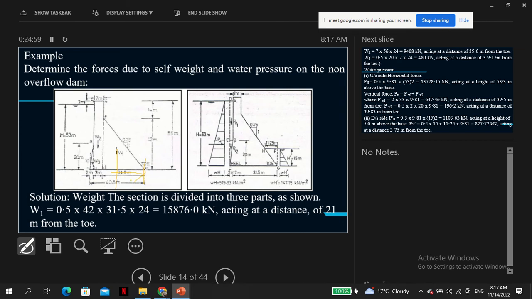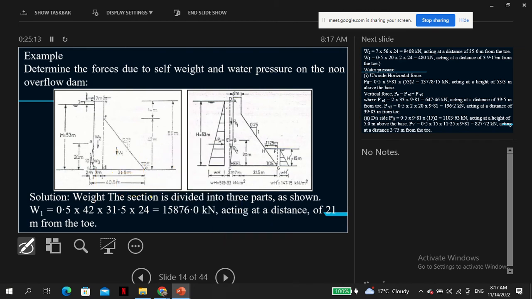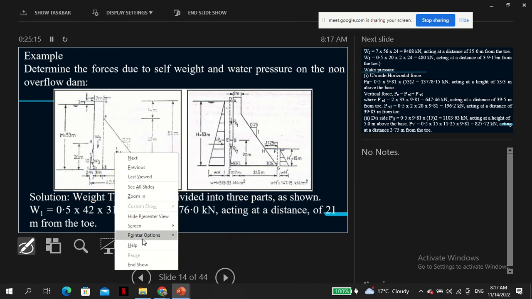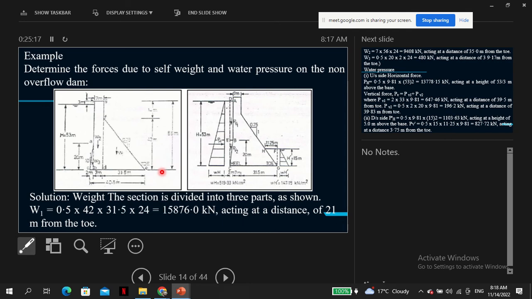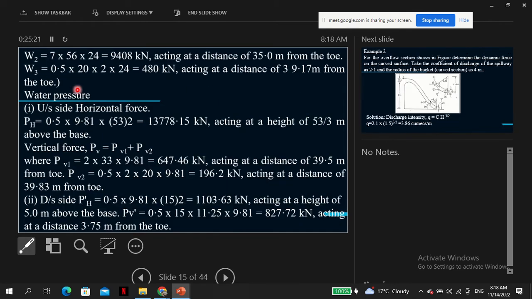All right, so this is why they're saying 21, and 35. That makes sense. We are not talking about the heights.